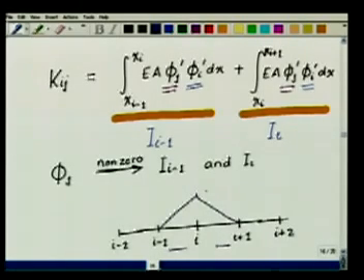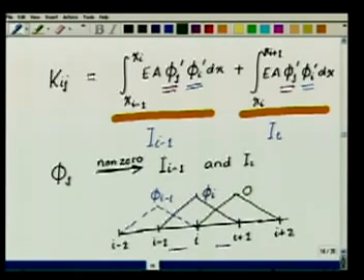One phi which is non-zero is certainly phi I. The other phi which is non-zero here is this one, phi I minus 1, and another phi which is non-zero here is phi I plus 1.